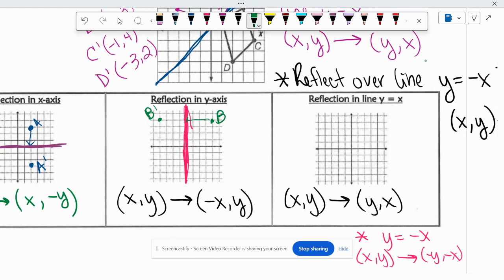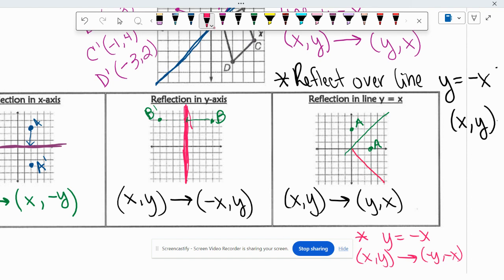I'm going to draw my line. This is going to be the line y equals x. So if I have the point (3, 0), when I reflect it, it becomes the point (0, 3), A prime. I'm going to show you what the line y equals negative x looks like.